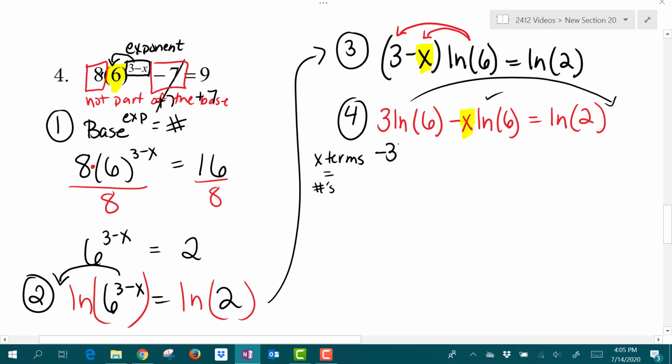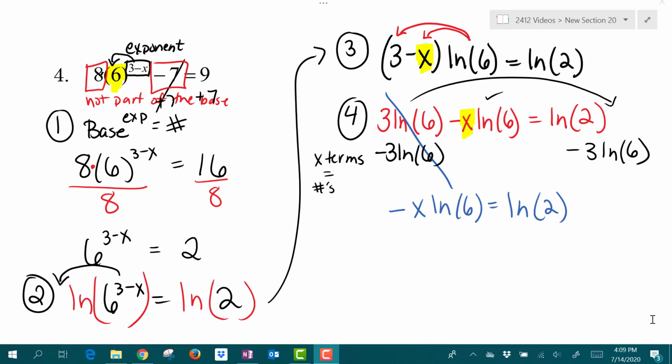So that means I'm going to subtract 3 times the natural log of 6 from both sides. All right, so that term cancels on this side. And now I have negative x times the natural log of 6 is equal to natural log of 2 minus 3 times the natural log of 6.